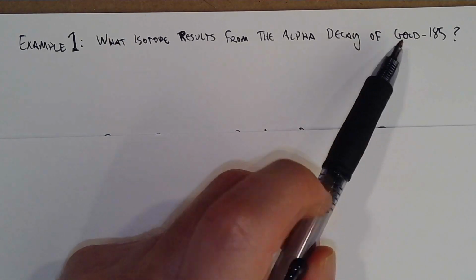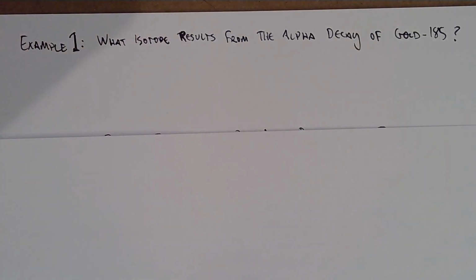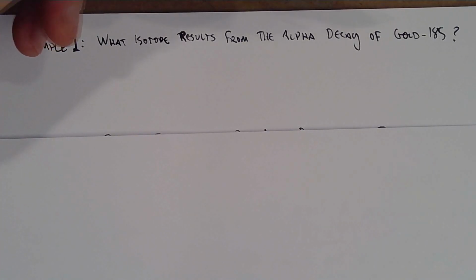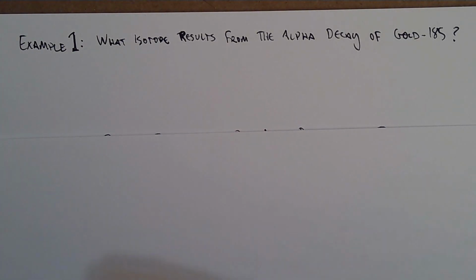Now, what's the atomic number of gold? I don't have it memorized. We'll use a periodic table to figure that out. Okay, so the general format is we're looking at an alpha decay of gold 185. So the isotope that results from it is the daughter product. So I can break out a periodic table.